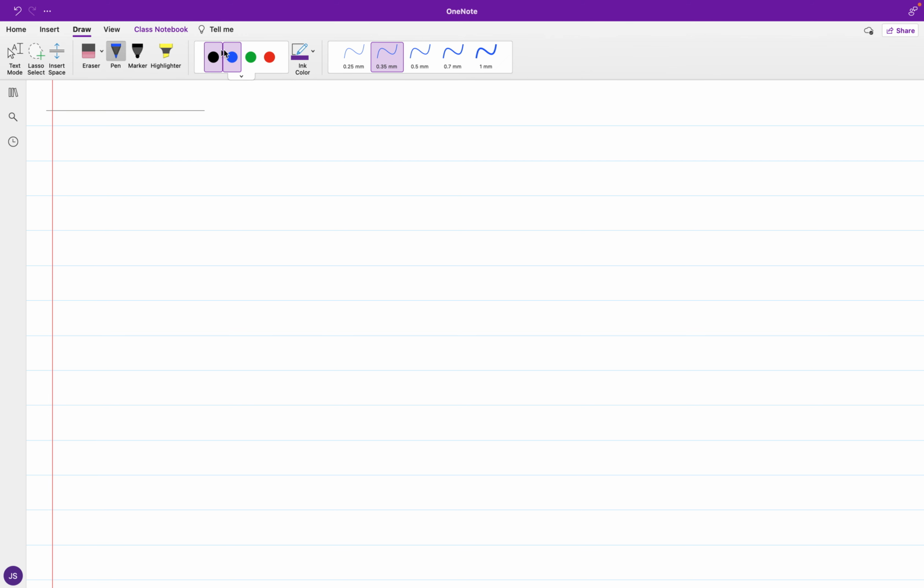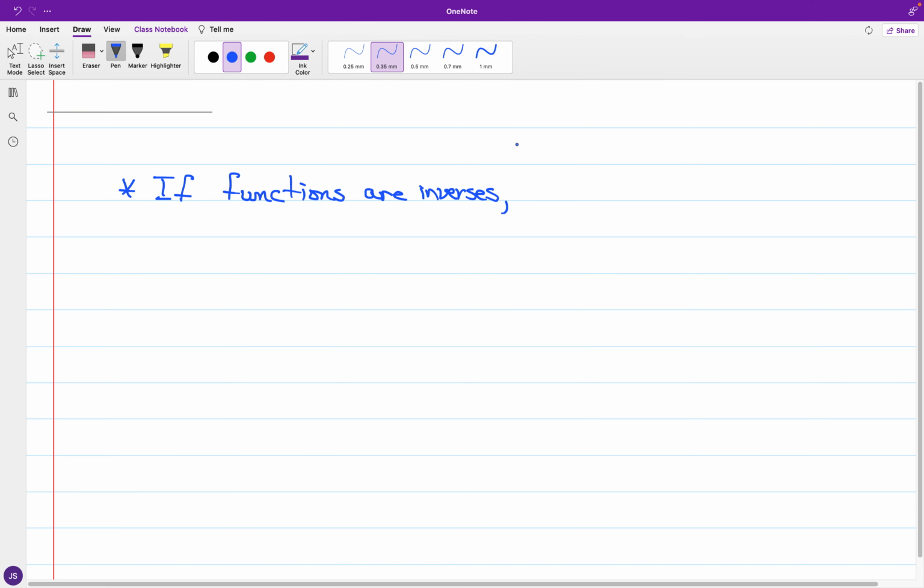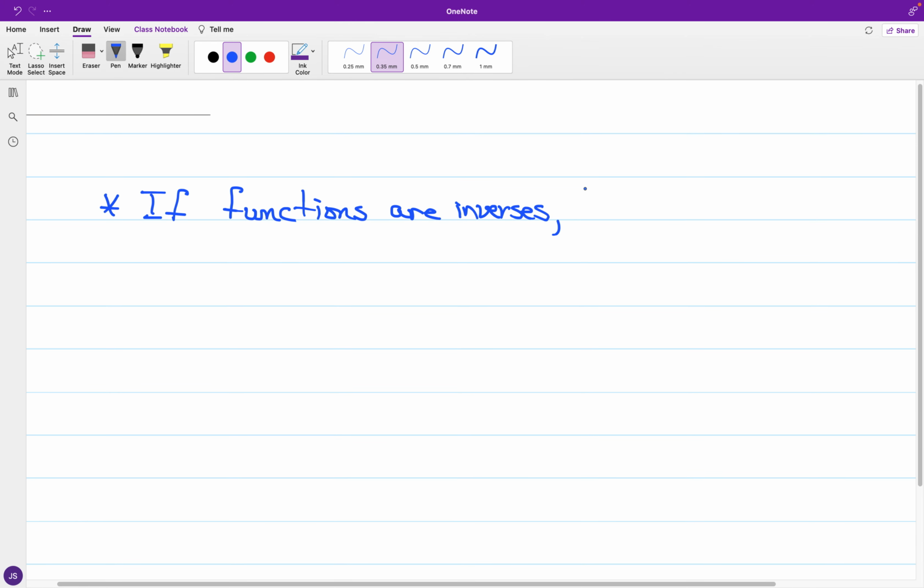Just a reminder regarding one-to-one functions: if functions are inverses, and for the first part, we're looking at seeing whether functions have an inverse relation, then they will compose together as x.